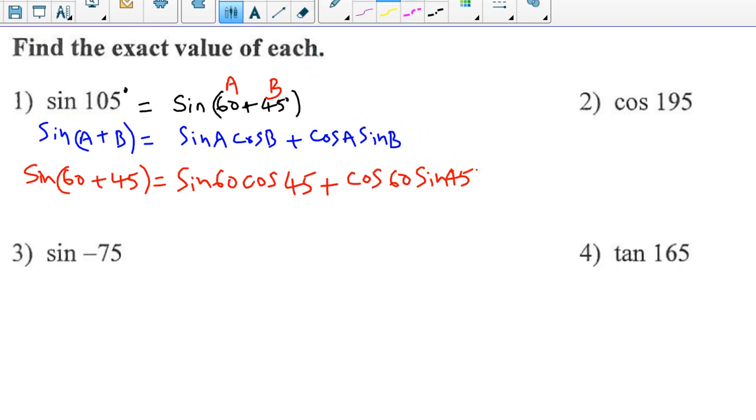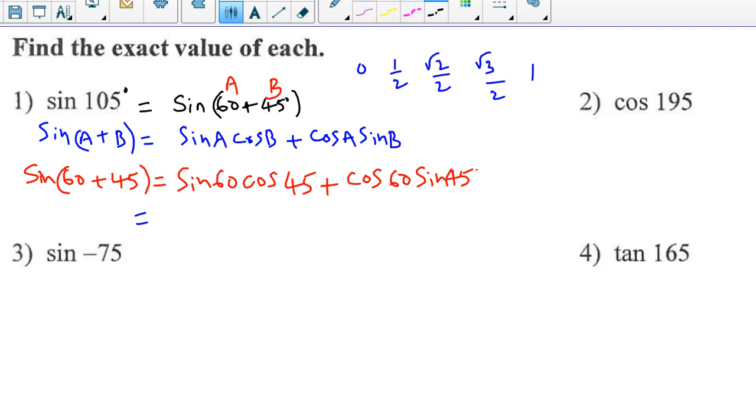Right. Now use your unit circle, or we know the values. Sine 60 is easy from the known values, like we know 0, 1/2, root 2 over 2, root 3 over 2, and 1. So sine 0, 30, 45, 60, and sine 90, and cosine 0, cosine 30, cosine 45, 60, and 90. Right.